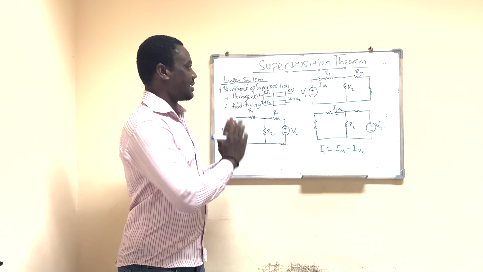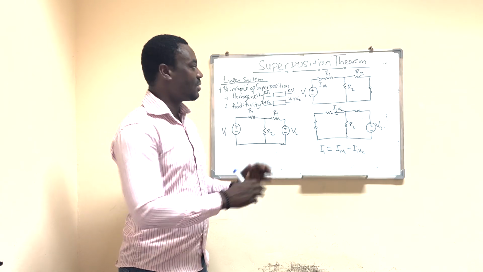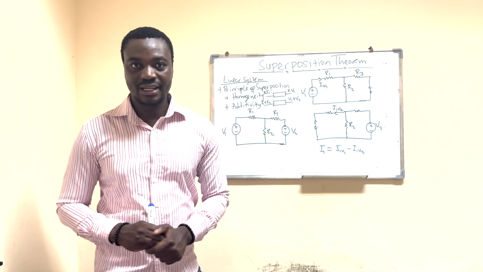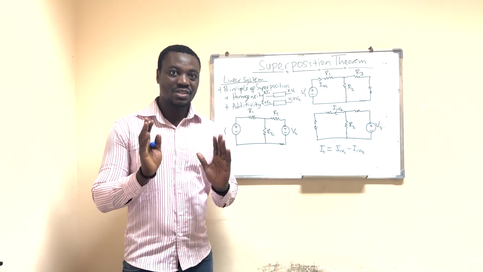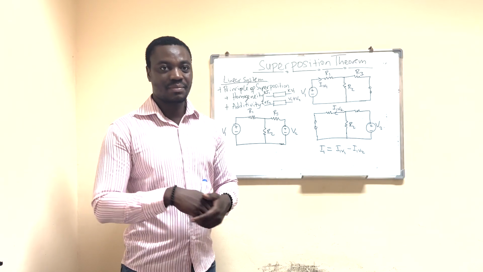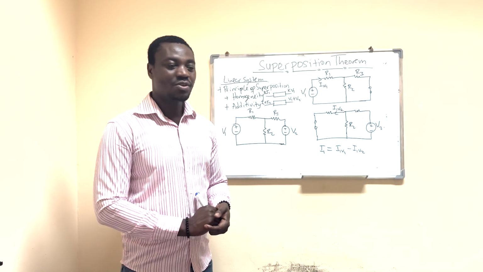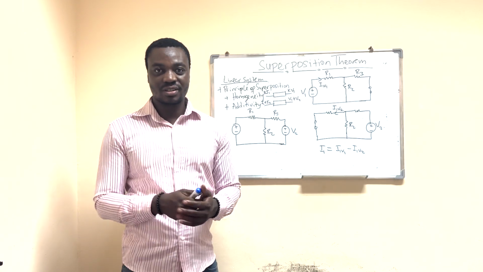The idea is that this theorem, we can only apply when we are dealing with a linear system, right? So it's very important that we understand what a linear system is. A linear system is a system that obeys the principle of superposition.